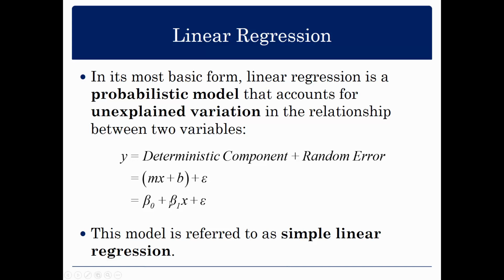And so we fancy it up a little bit with these Greek letters, beta 0, which is the intercept, where this is what we would expect the outcome to be if x was equal to 0. So it's where the line crosses the y-axis. And beta 1 describes, as x is changing, how does y change? So it's the slope.